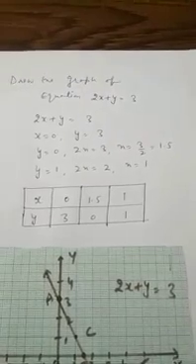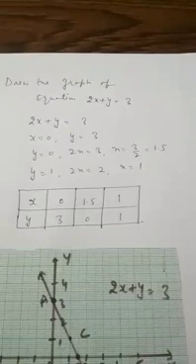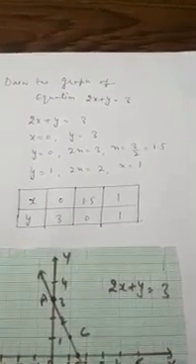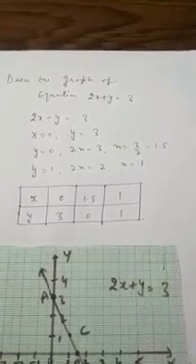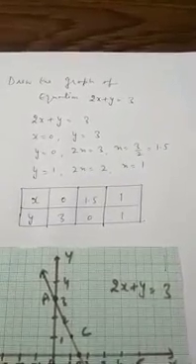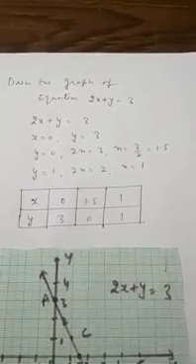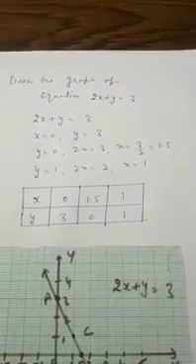If I take y as 0, 2x is equal to 3 and x is 3 by 2, that is 1.5. If I take y as 1, 2x is equal to 2 and x is equal to 1. So represent the solution in tabular form: x is 0, y is 3; x is 1.5, y is 0; x is 1, y is 1.